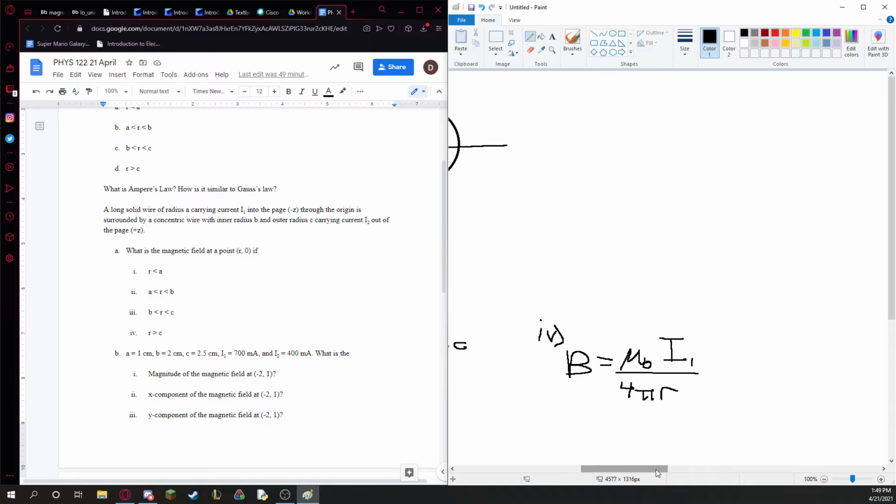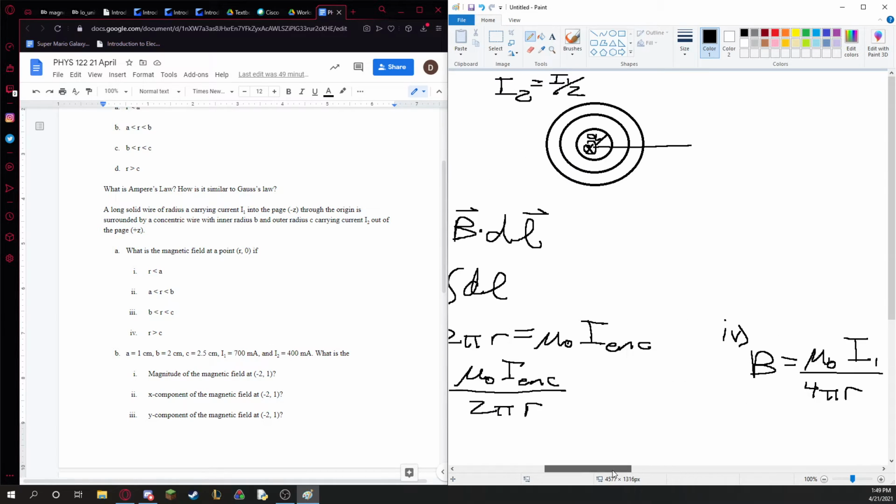And what direction is our magnetic field going to be traveling in? Use our right hand rule here. What direction is this magnetic field going to be in? Clockwise, exactly.